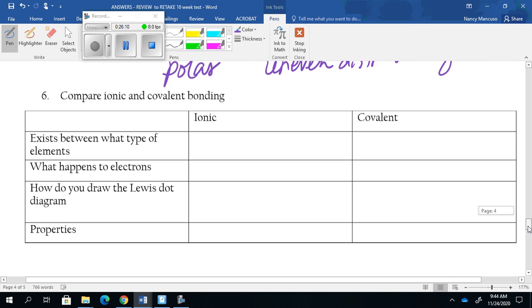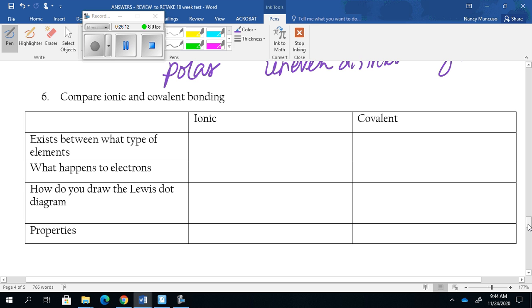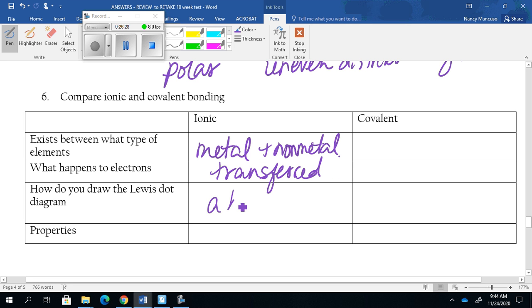All right, compare ionic and covalent bonding. So ionic is between a metal and a nonmetal. Ionic, the electrons are transferred from the metal to the nonmetal. The Lewis dot diagrams have to have atoms, brackets, charges, and dots.